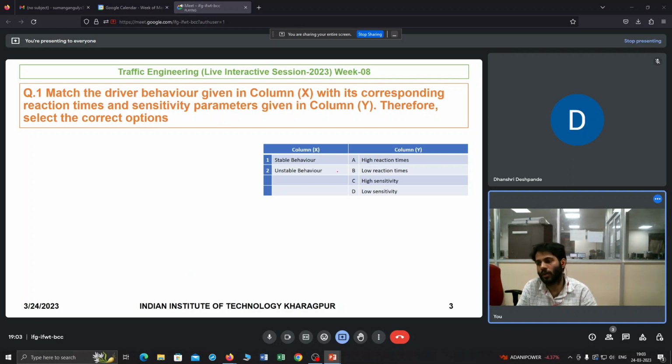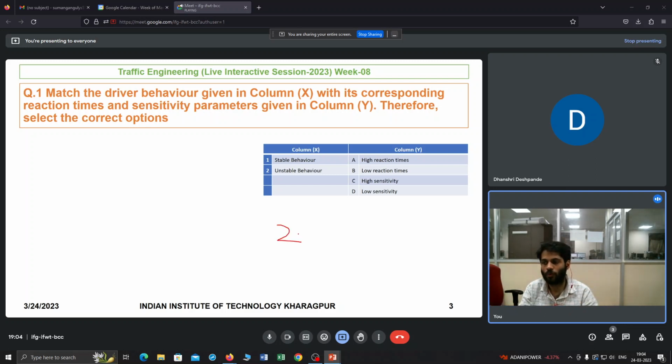So instability means you have high reaction time. You are not reacting, which means your reaction time is high, so you are taking more time to react. It should have been that you react in a quick manner so that you do not have to accelerate or decelerate more. But because you are not doing it, you are delaying, your reaction time is higher.